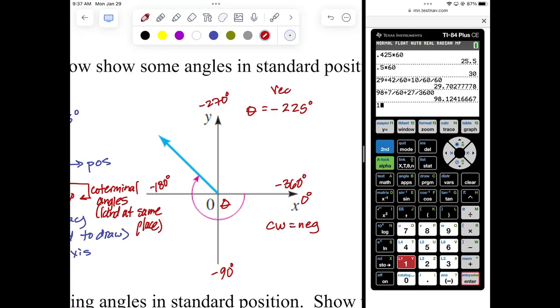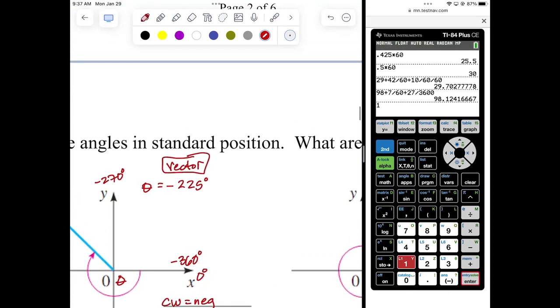This is a vector quantity. We can now have negative angles. They have direction and they have a magnitude. They're vectors, okay? Direction and magnitude.